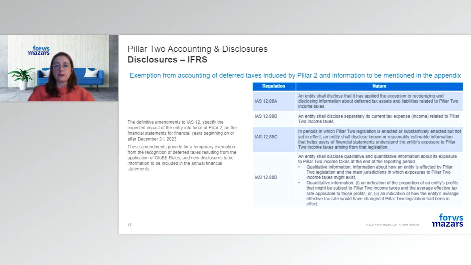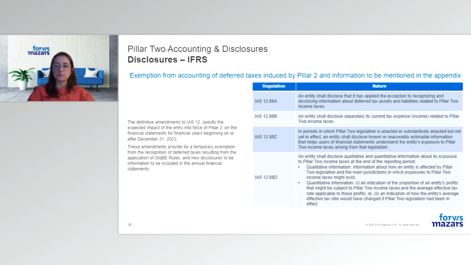Then under IAS 12.88B, there is the current tax expense that has to be disclosed, and IAS 12.88C and D concern periods in which the jurisdiction is not yet affected by the Pillar 2 rules, but will be.